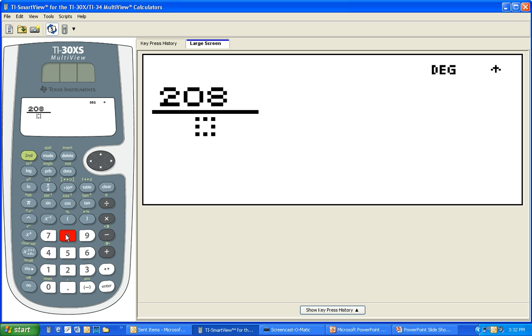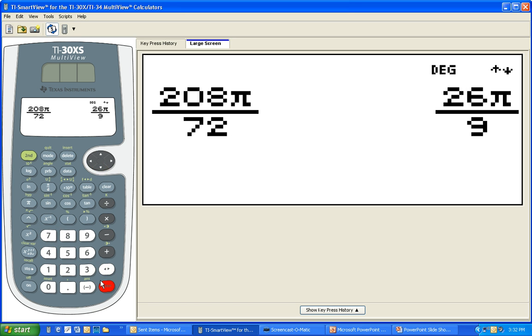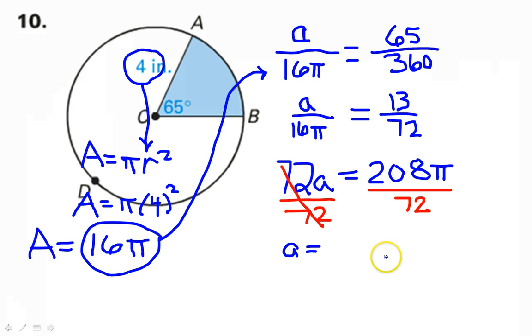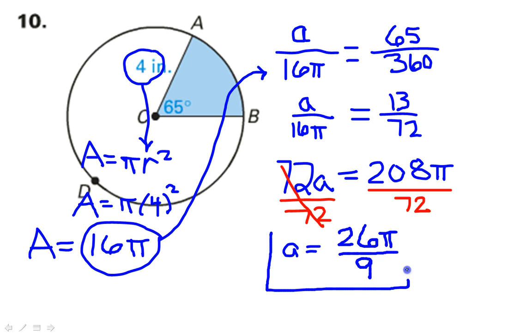That sounds right. 26 pi over 9. So sometimes your teachers will ask you for an exact answer, so be prepared to give an answer like this at first. 26 pi over 9. So that's exact.